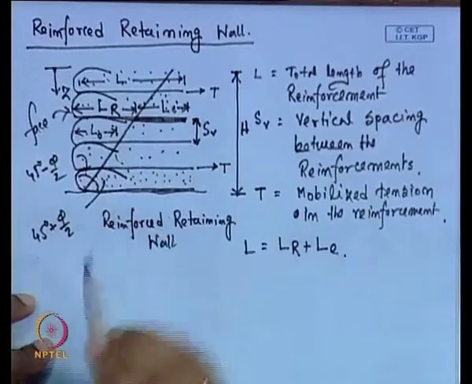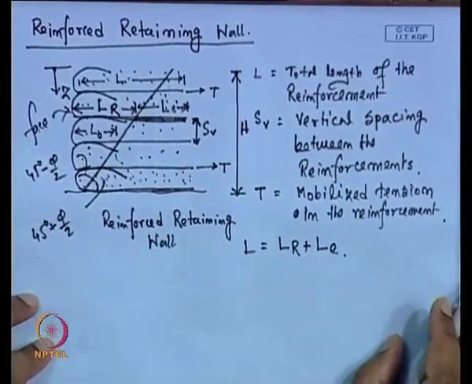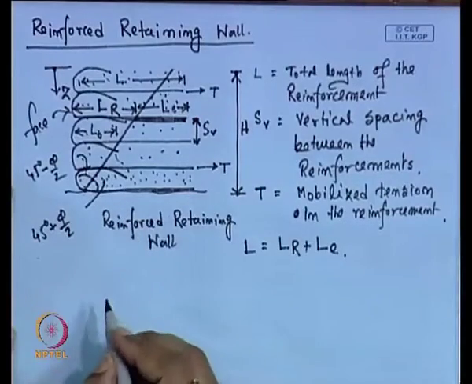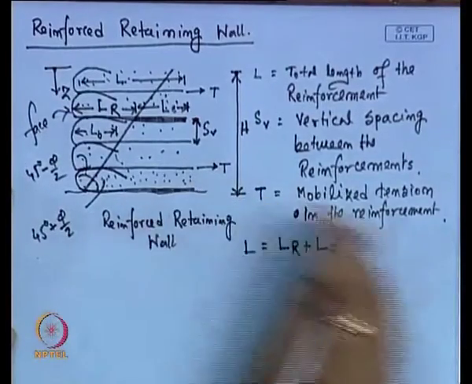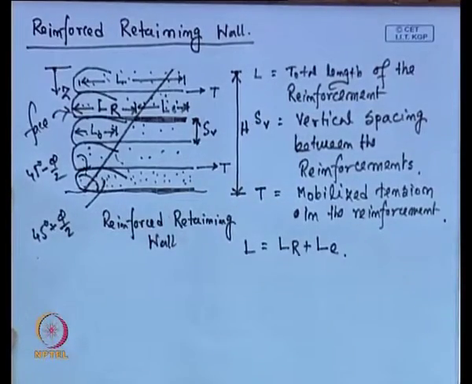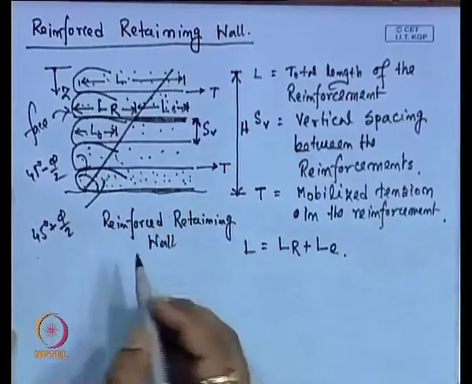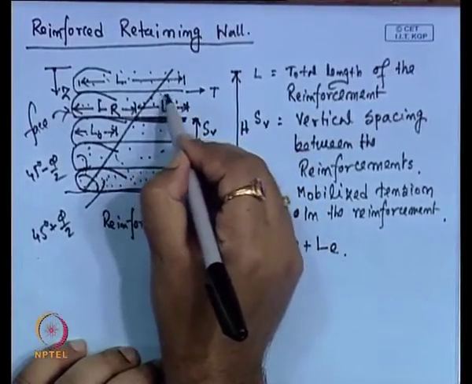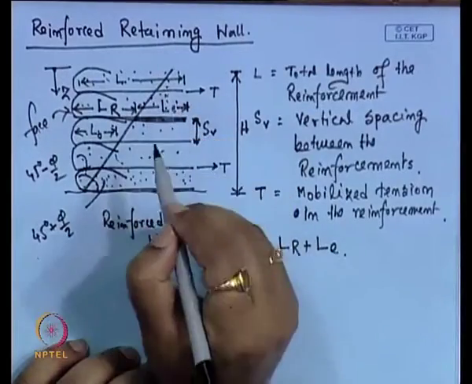Now, the question is how we can calculate the LE. When you are talking about this SV, as I have mentioned, force is developing here because of this bonding or friction between the soil and the reinforcement.